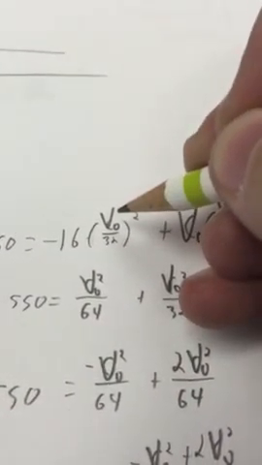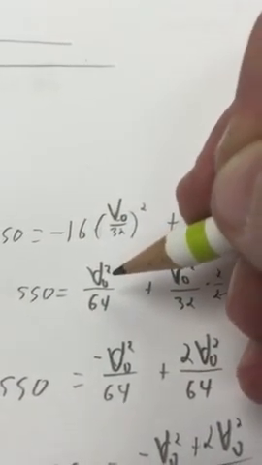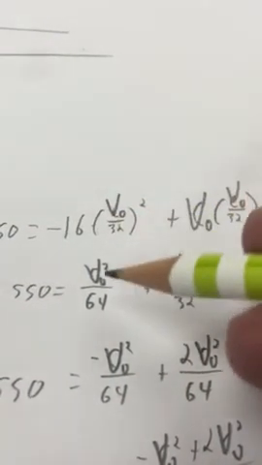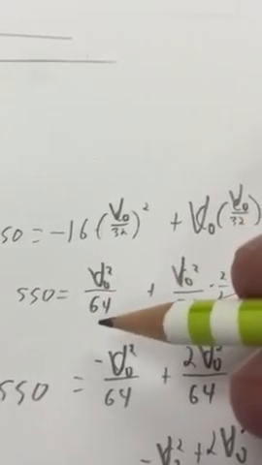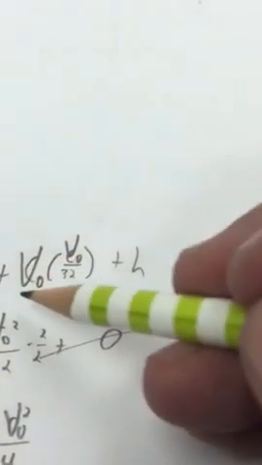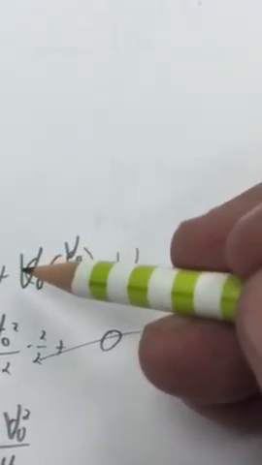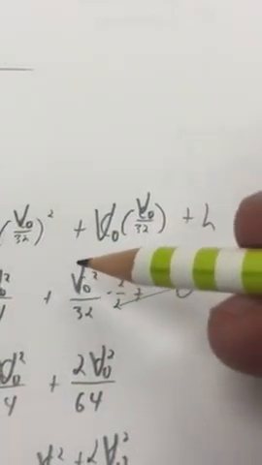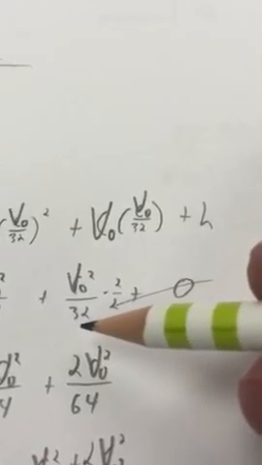Okay, so if we take v sub 0 and we square it, and multiply by negative 16, that just simplifies to v sub 0 squared over 64. V sub 0 times t is the same thing as v sub 0 times v sub 0 over 32, which ends up being v sub 0 squared over 32.